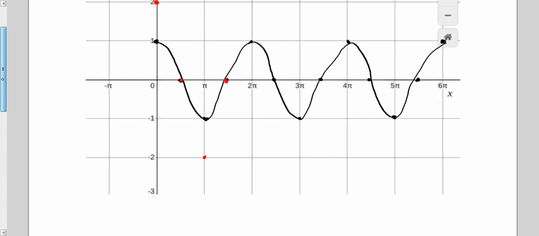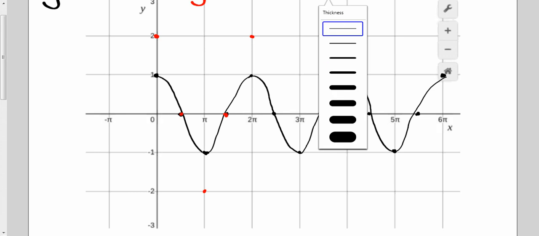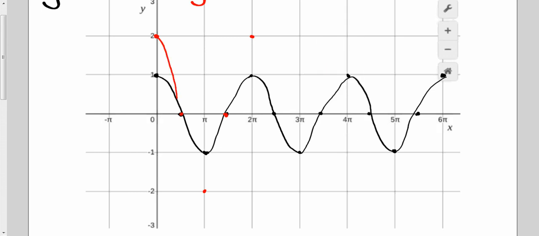And then lastly, and I'm moving my graph up a little bit, when x equals 2 pi, my cosine is 1. And remember, my red graph is just 2 times whatever my black graph is. So 2 times 1 will give me 2. Then if I make my line skinny and I connect the dots, I go down like this and then back up like this.